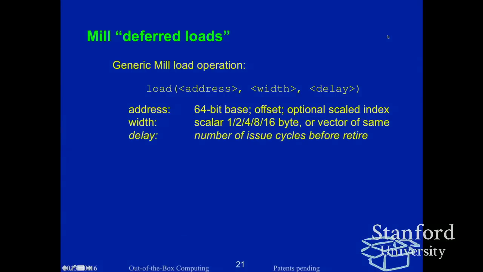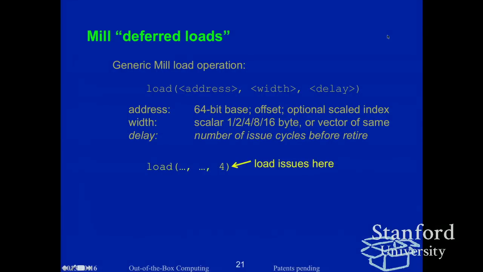This is the number of issue cycles which the hardware must wait until retiring the result of the load. If you put in 3, the hardware is required to return the result in 3 cycles. If it can't, you will have stalls. If you put in 7, it returns the result in 7 cycles. So the program is explicitly controlling the retire time.